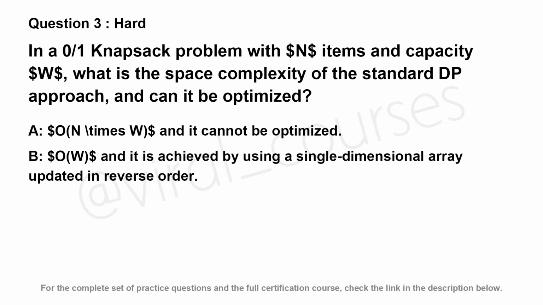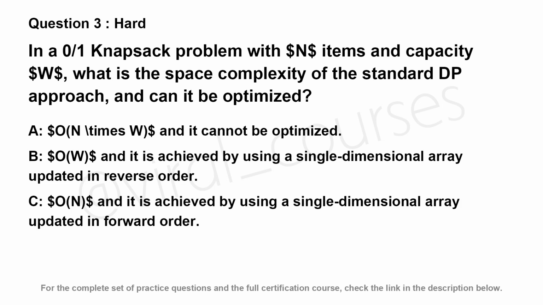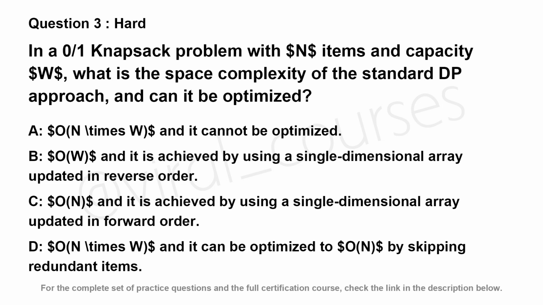Option C, O(n), and it is achieved by using a single-dimensional array updated in forward order. Option D, O(n times W), and it can be optimized to O(n) by skipping redundant items.